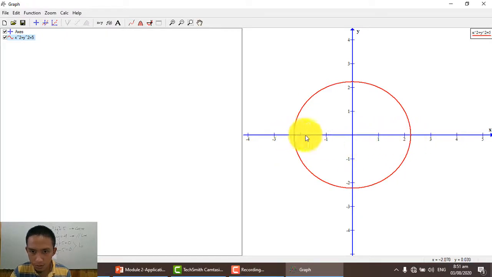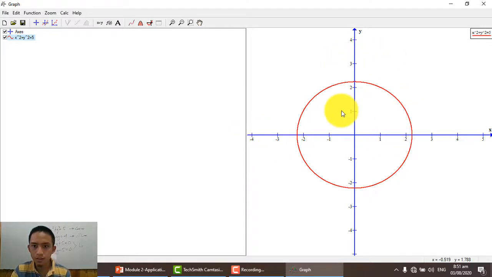Look at this, this is 2 point something from the origin, and that is 2 point something too. So that should be a circle. The grapher is using unequal distributions on the y and x axes, but that should be a circle.